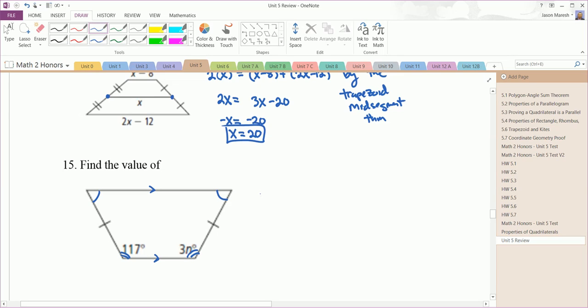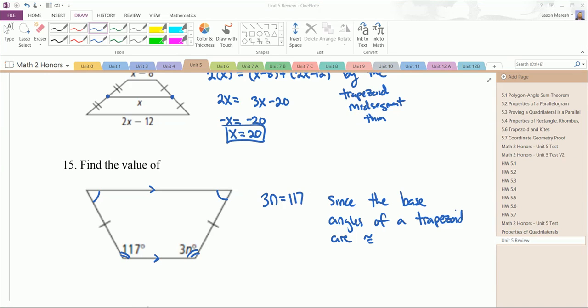And so we can say that 3n is equal to 117, since the base angles of a trapezoid are congruent. And dividing by 3, we get n is 39.